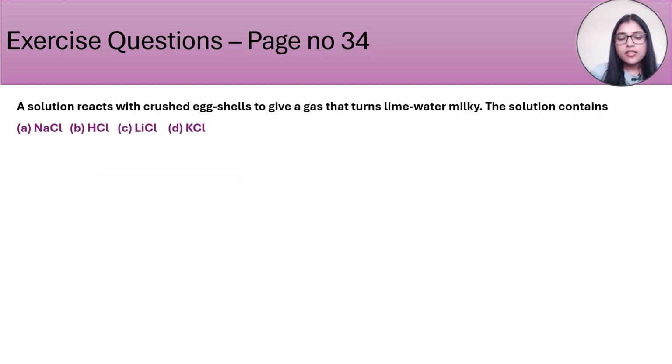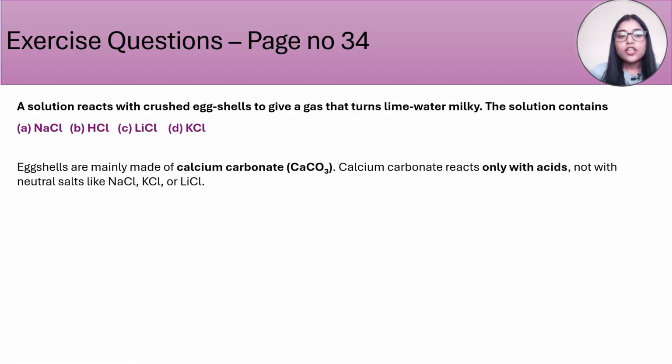Second question asks that a solution reacts with crushed eggshells to give a gas that turns lime water milky. What does the solution contain? NaCl, that is sodium chloride, HCl, that is hydrochloric acid, LiCl, lithium chloride, or KCl, potassium chloride. We know that eggshells are made of calcium carbonate.